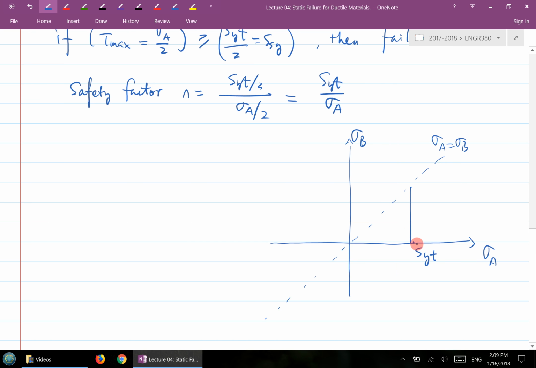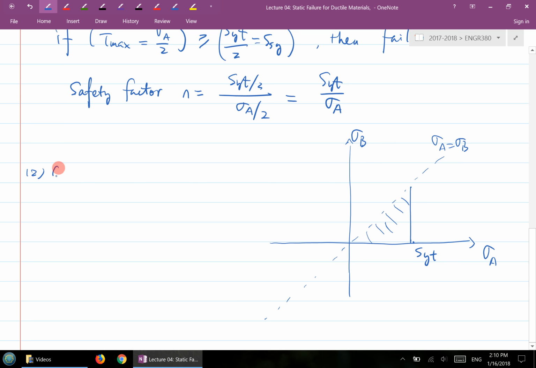For any values beyond that SYT in the first quadrant, you have a failure for this ductile material. If it's less than that, over here, then you have a safe region. So the first case corresponds to this area being safe, and outside over here being unsafe. Is that clear? Okay, so that's your first case.